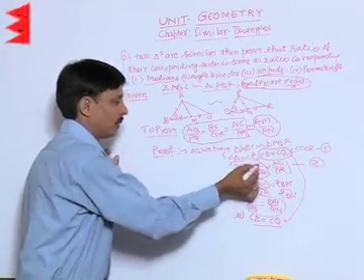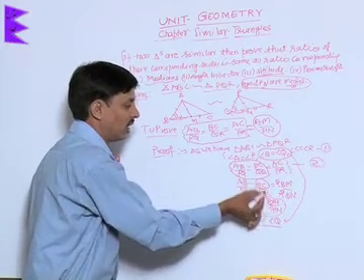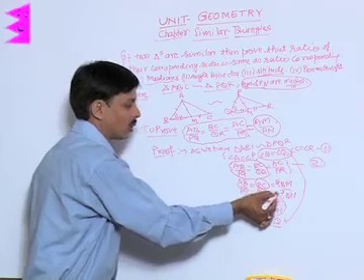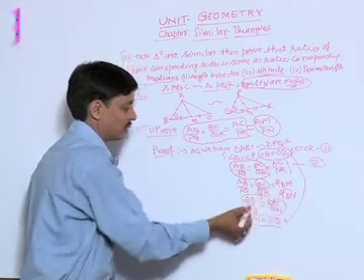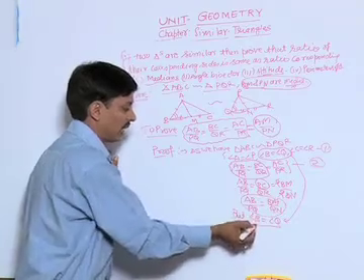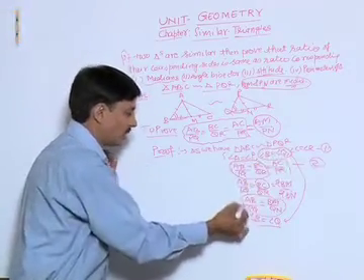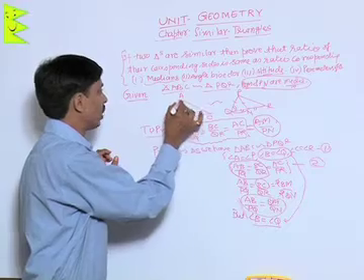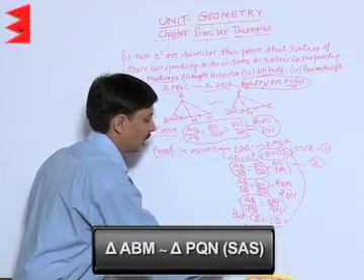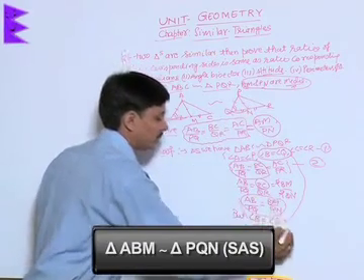By taking AB by PQ and BC by QR, we have shown AB by PQ is equal to BC by QR. In place of BC, twice BM by the median property. In place of QR, twice QN, and the 2s cancel. So we have received AB by PQ is equal to BM by QN, and angle B is equal to angle Q, as I have mentioned here. So these two small triangles, triangle ABM is similar to triangle PQN.